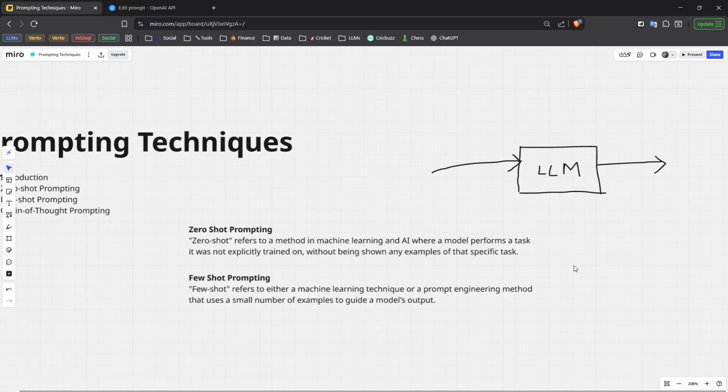So it's possible that such sentiment related data was also fed into it, or maybe reviews were fed into the data. So the model inherently knows that when I say a sentiment analysis, it more or less falls into a positive, negative, and a neutral category. So this is what I mean by zero shot prompting. No examples, but still it was able to perform even when I did not train it on the particular task explicitly.